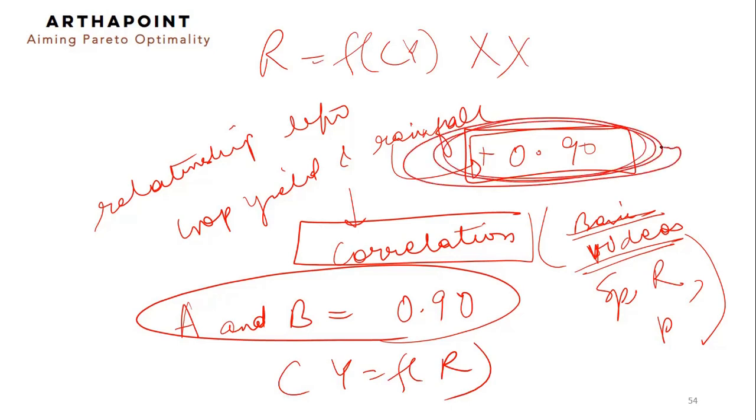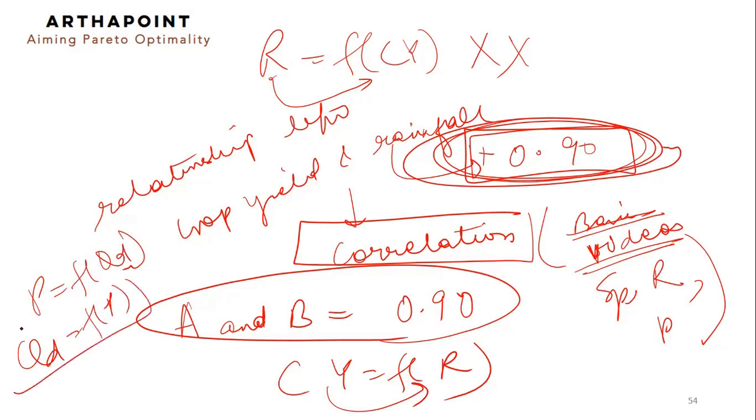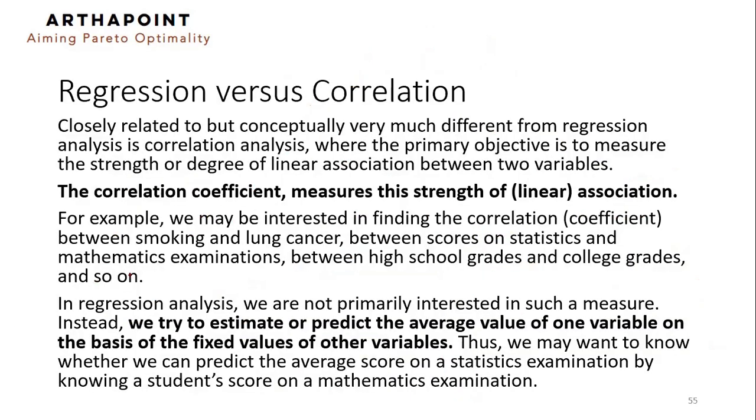But I have to go a step ahead and say that, although the two move in the same direction, rainfall cannot depend on crop yield. Crop yield will depend on rainfall. Prices will not depend on quantity demanded. Quantity demanded will depend on prices, right? So that is where you will use your economic sense to explain things better.